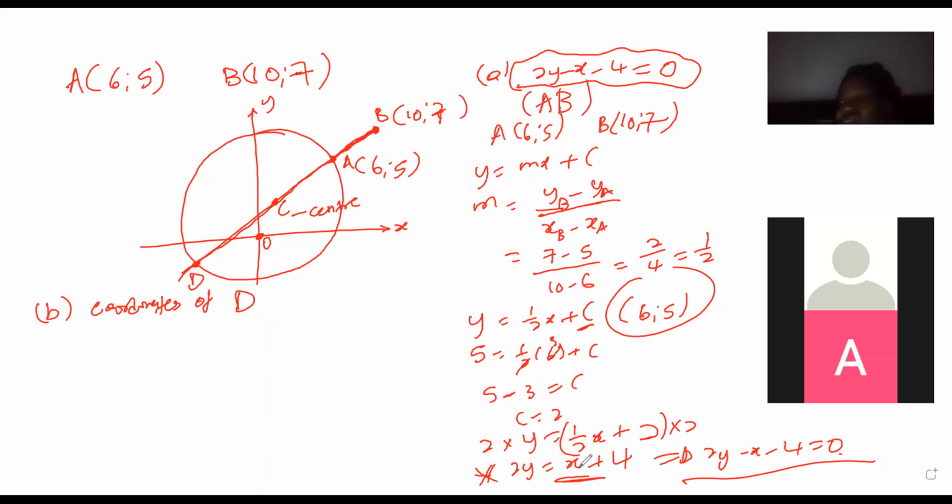The other thing they said was that AD is the diameter of the circle.